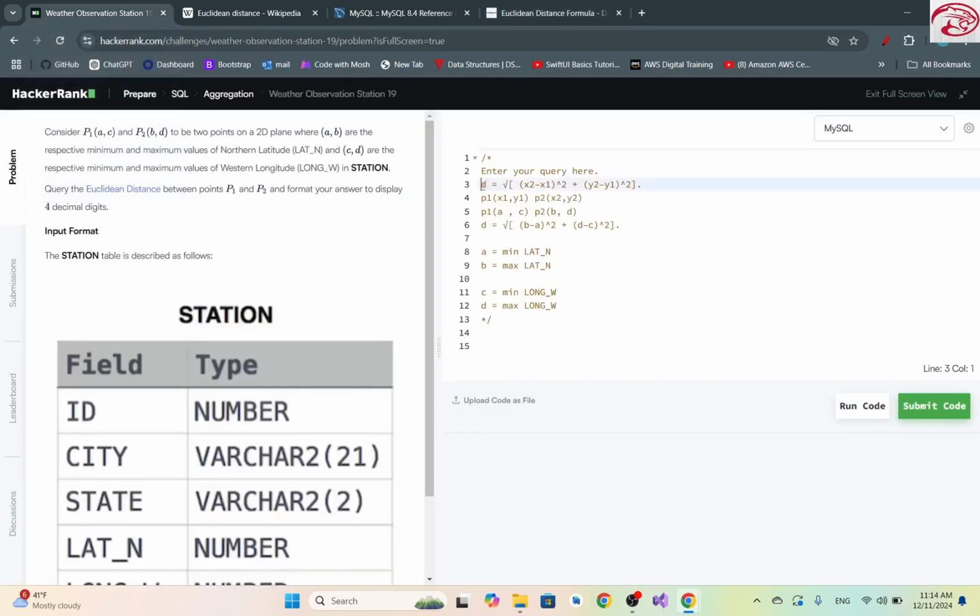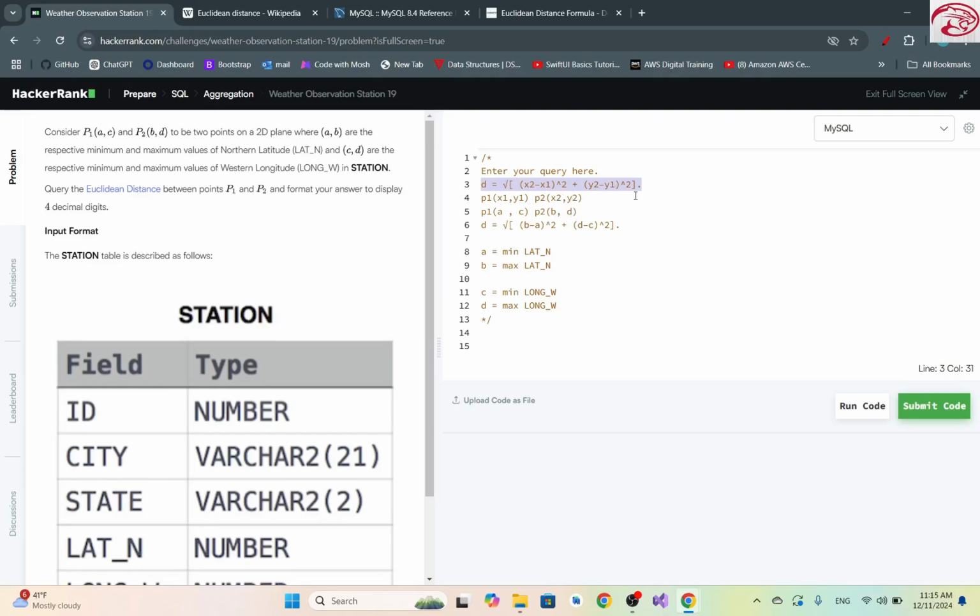We have the formula and also points P1 represented by x1, y1 and P2 represented by x2, y2. Here we had A and B, so I'm going to use P1 and P2. In our question, we are given P1 as A, C, where A maps to x1 and C maps to y1, and point 2, P2 is given as B, D, B maps to x2 and D maps to y2.